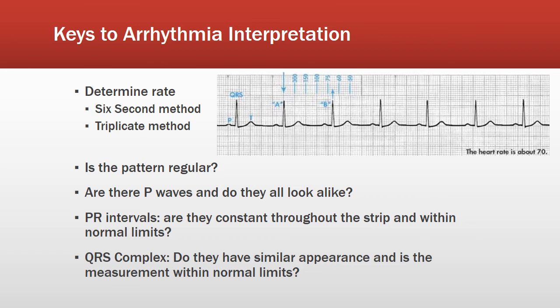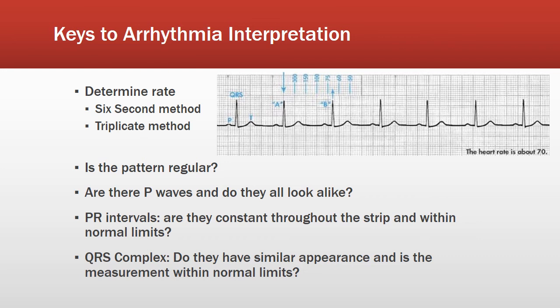You can also use a pen by putting the tip of the pen on one R wave and then going backwards to the R wave preceding and put your thumb there, and you can march that through the strip. So there's a number of different ways. You could also use a cardiac ruler, but it just depends on what you have in the pockets of your lab coat.